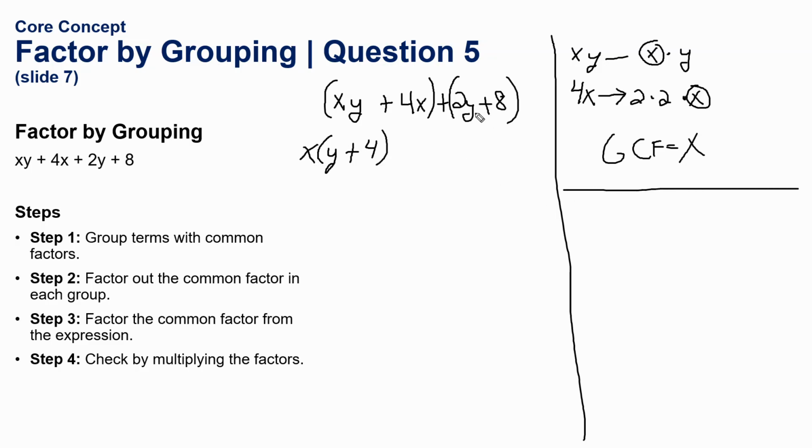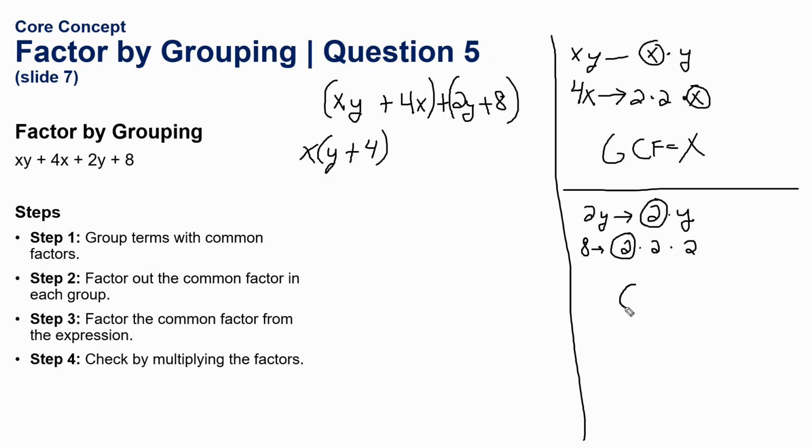Let's go ahead and look at the next set of terms, 2y and 8. So 2y is simply just 2 times y. And 8 is going to be 2 times 2 times 2. 2 times 2 is 4. 4 times 2 is 8. Notice our common terms then is our 2 and our 2.